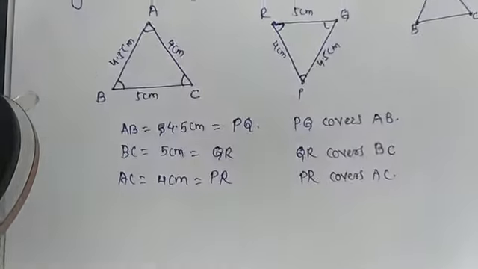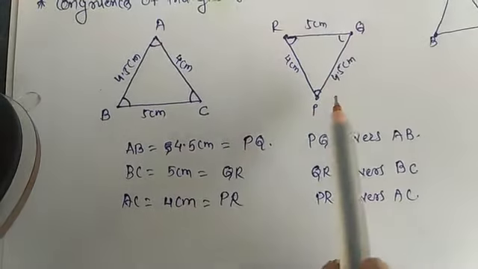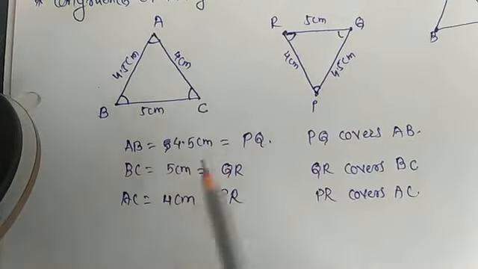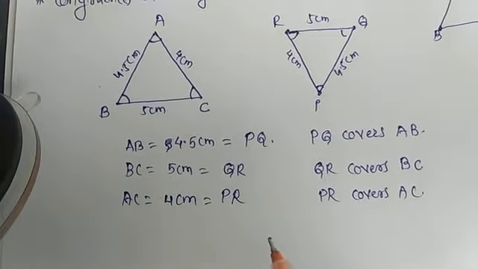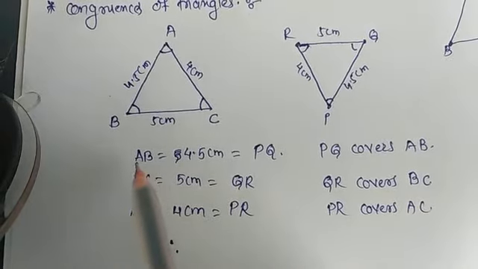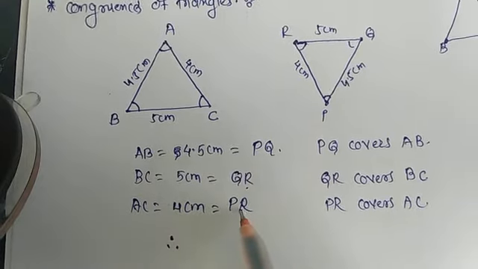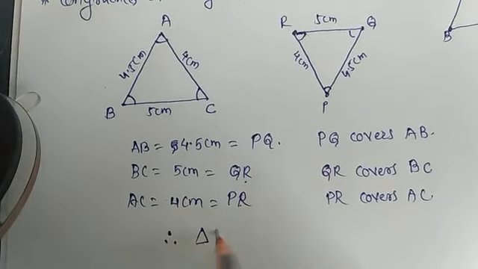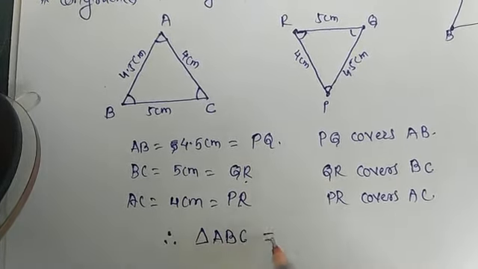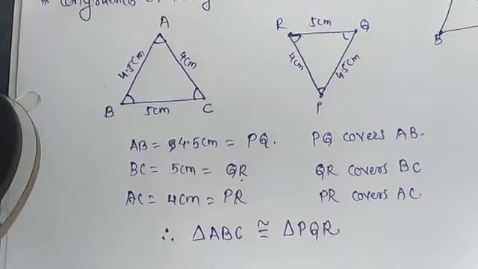That means if you compare the sides of triangles ABC and PQR, all the sides are equal. AB is equal to PQ, BC is equal to QR and AC is equal to PR. Therefore you can say that triangle ABC is congruent to triangle PQR.